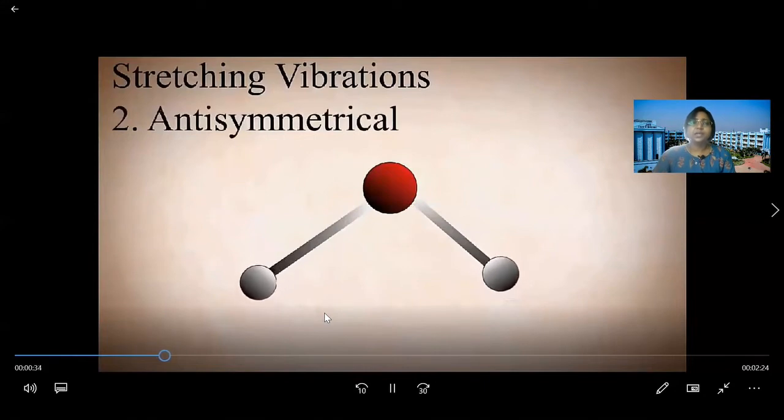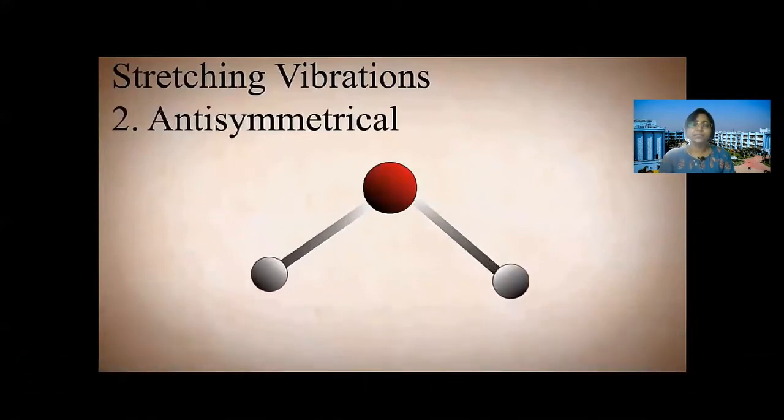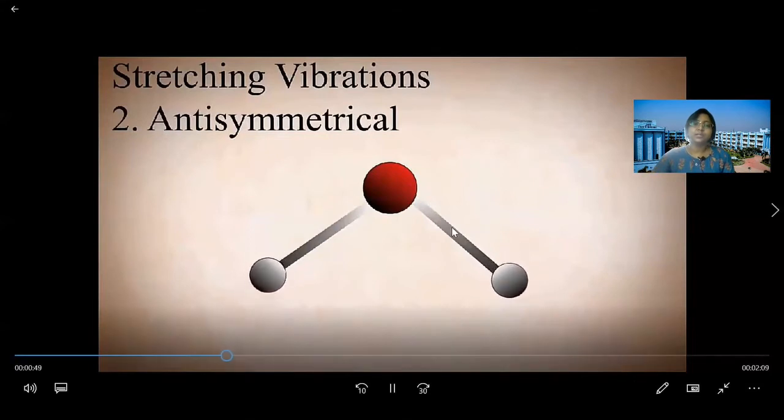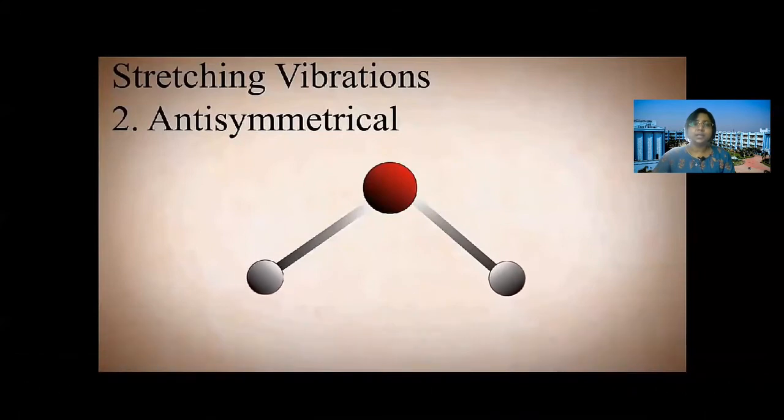Next is anti-symmetrical. You can see that one oxygen is going closer to the carbon while the other is going far from the carbon. So it is closer, then far, then closer again. This one is far from the carbon. So it is called anti-symmetrical vibration.